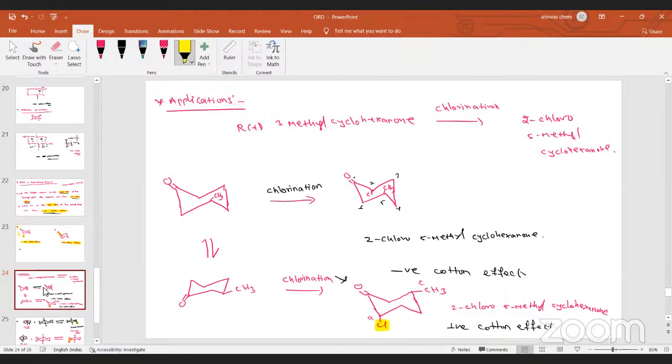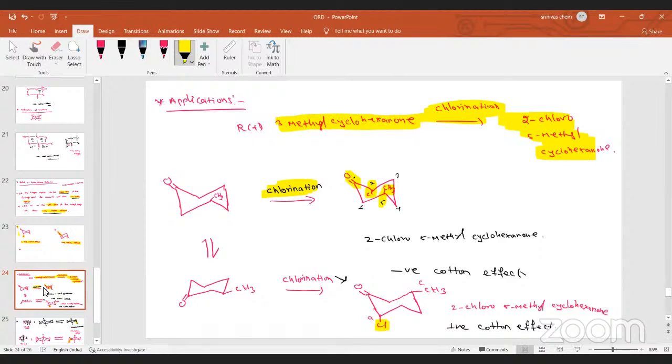First one: chlorination of 3-methyl cyclohexanone gives 2-chloro-5-methyl cyclohexanone. Here, this is 3-methyl cyclohexanone, and upon chlorination we form 2-chloro-5-methyl cyclohexanone.